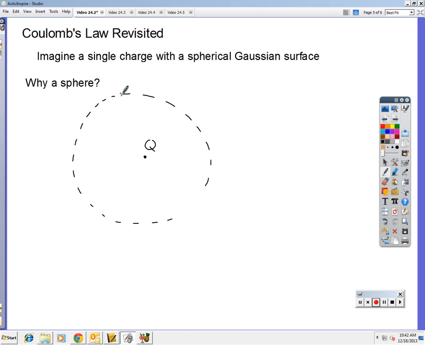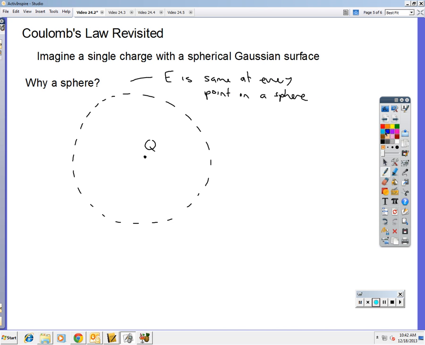The reason I'm going to make it a sphere is that I know that the field due to this has spherical symmetry, meaning it's the same at every point on the sphere, because all the points on the sphere have the same radius.